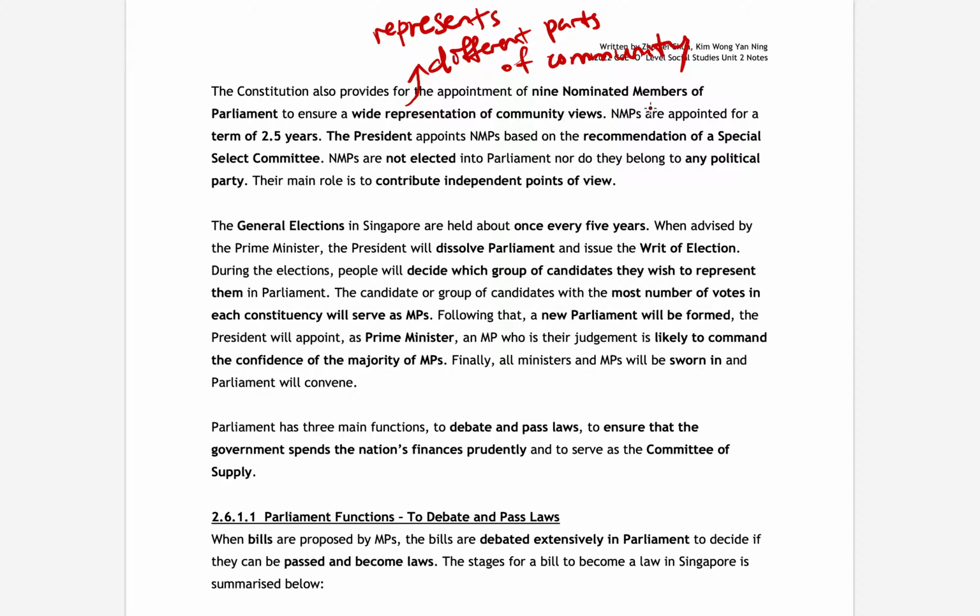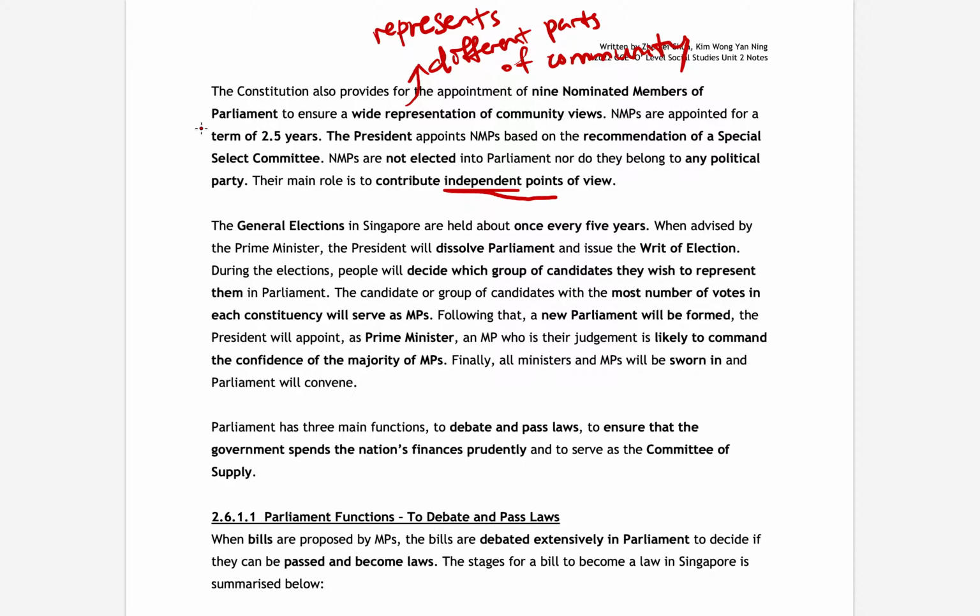Their main job is essentially to just represent the community they belong to and to contribute their independent points of view in parliament. So they cannot vote on constitutional matters. They don't vote on stuff that may affect, say, constituencies, elections, stuff like that. All they do is to contribute independent voice of views.